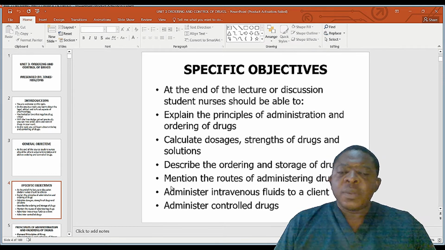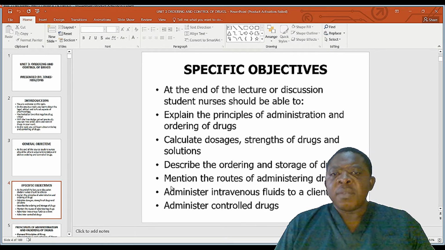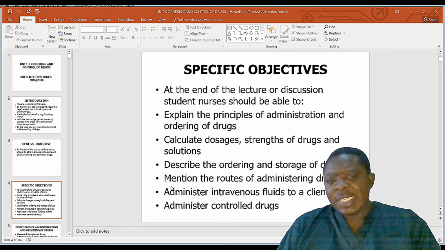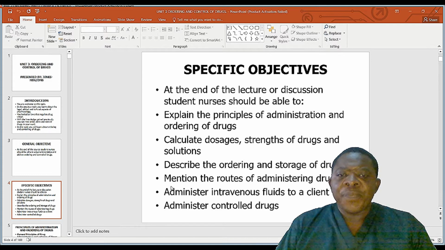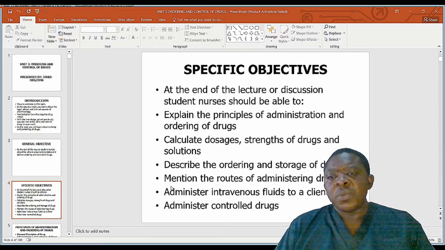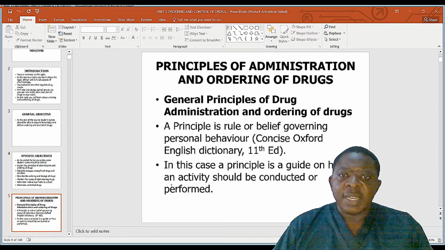You should also be able to describe the ordering and storage of drugs, mention the routes of administering drugs, administer intravenous fluids to a client, and also be able to administer controlled drugs.